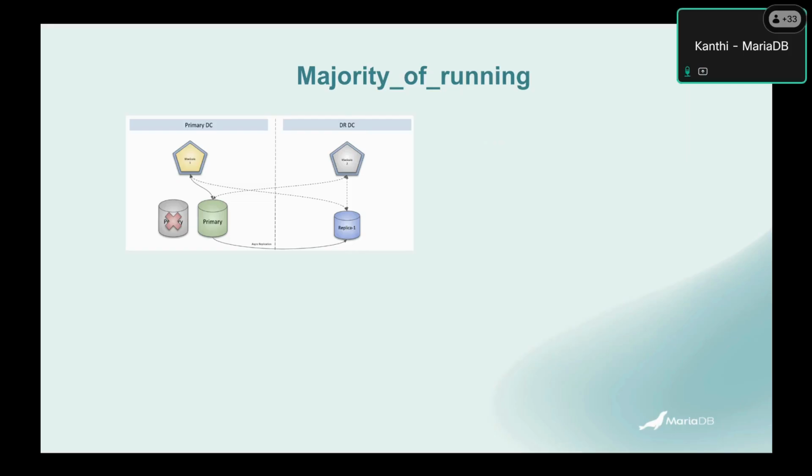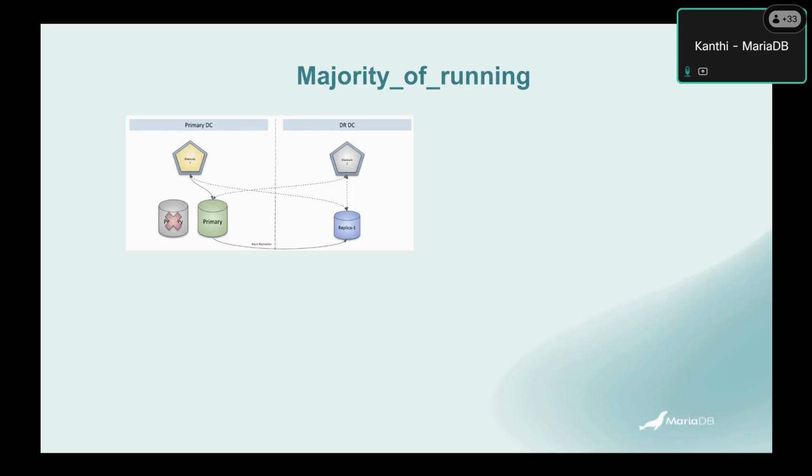The amber MaxScale is the active MaxScale. This is majority of running. So what would be the logs here? It will be 2 divided by 2 plus 1, which means 2. So MaxScale should have at least 2 logs. As you see, MaxScale 1 has connections to both the primary as well as the replica and the DR. So it still has the same number of logs, which means it is still qualified to act as a primary.